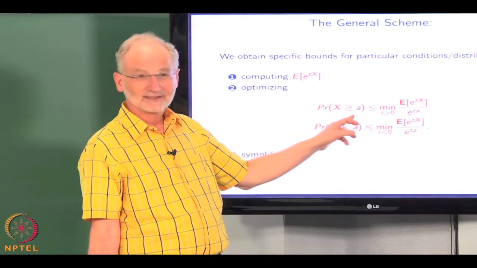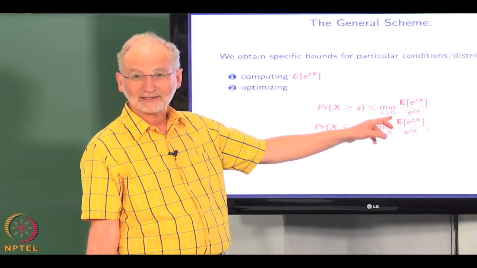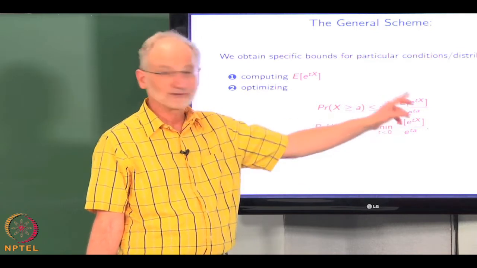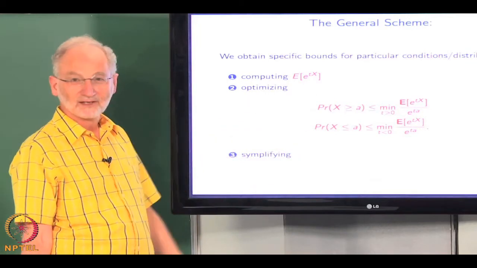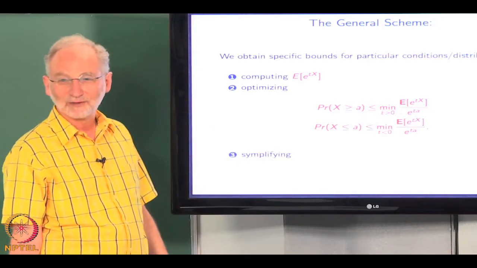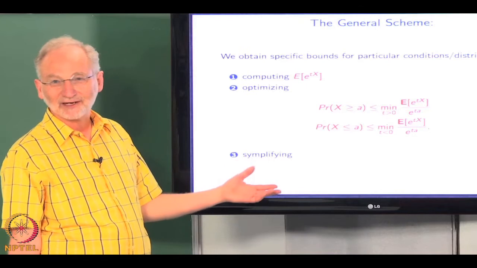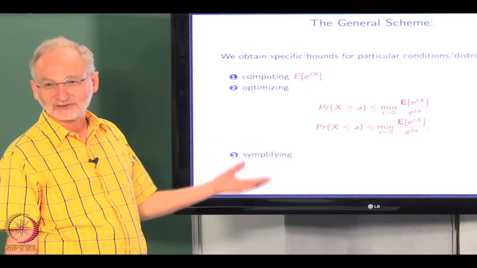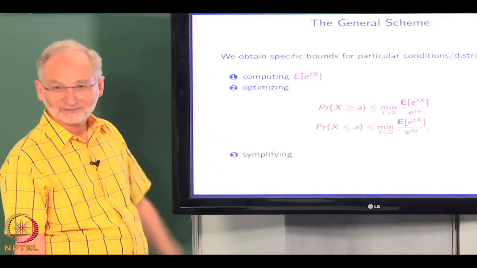Since we want to get a bound, we'll try to play with t to find the minimum value for this bound. That will be the second step. Now this often gives us hard to remember bounds, so the third step is usually simplifying to something that is easy to work with. So all the bounds will have this structure.